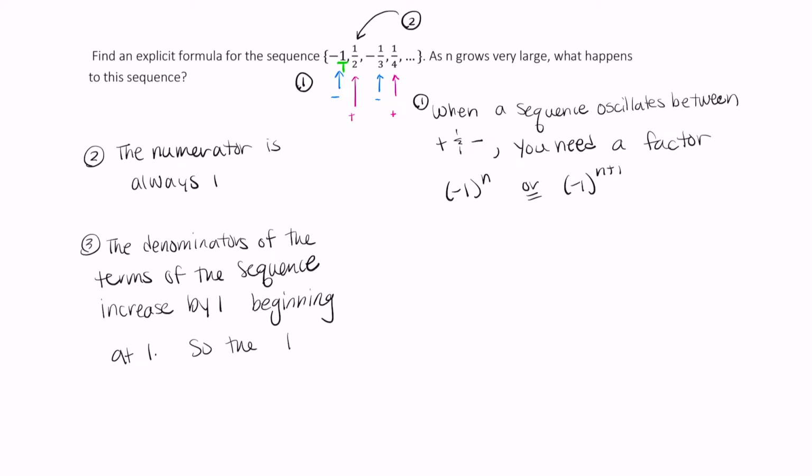So this tells me the first term is -1 to the 1 power divided by 1. And I'm going to go ahead and replace these with my n's to make my series.